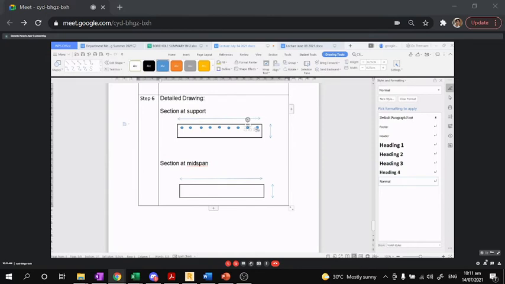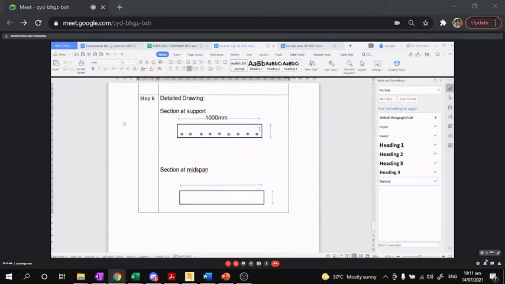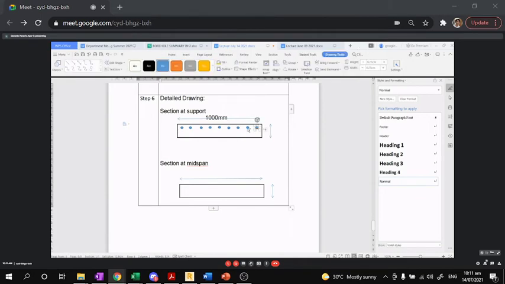Okay. So, first the reinforcement. I will place it at 1 meter. 1 meter. Then I count them: 4, 5, 6, 7, 8, 9, 12.